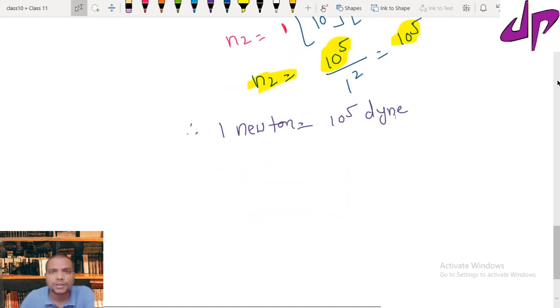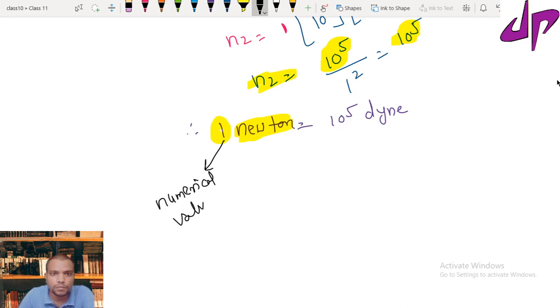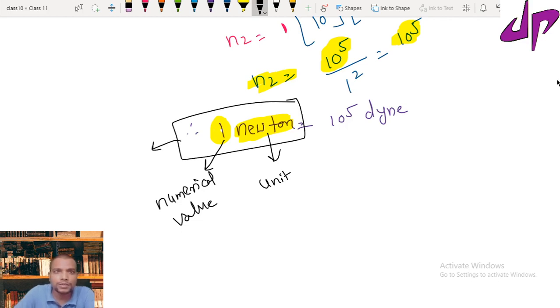So here we have taken 1 as a measuring unit, the corresponding numerical value in SI unit. So here 1 is the numerical value, a number, and Newton becomes the unit. Everything is in terms of SI unit.